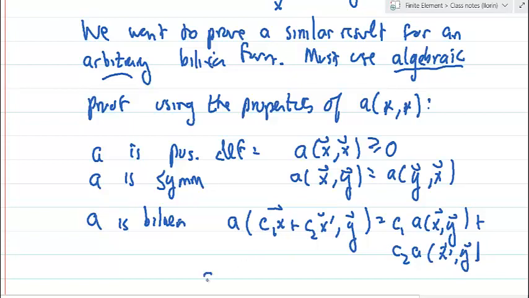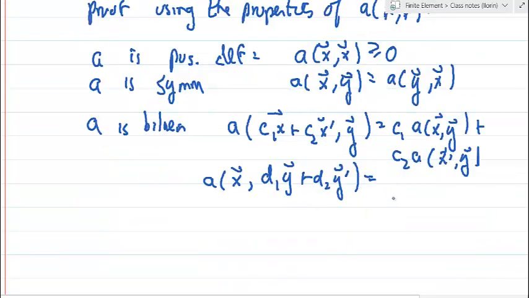And we also have A(x, d1 y + d2 y') equals d1 A(x,y) plus d2 A(x,y'). Sorry, not x prime, x y prime.